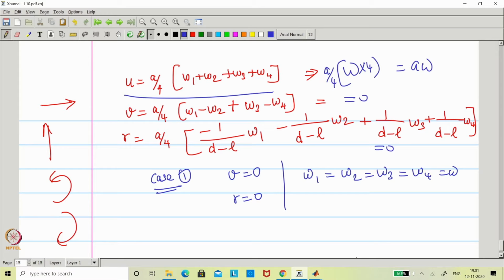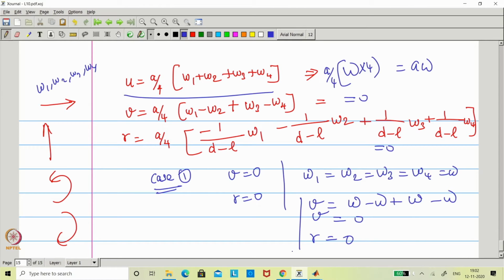But for v, omega minus omega plus omega minus omega gives 0. Applying the same to the r equation, two terms are minus omega and two are plus omega, so r is also 0. This is not difficult: when omega 1, omega 2, omega 3 and omega 4 are all positive and the same value, you move forward.